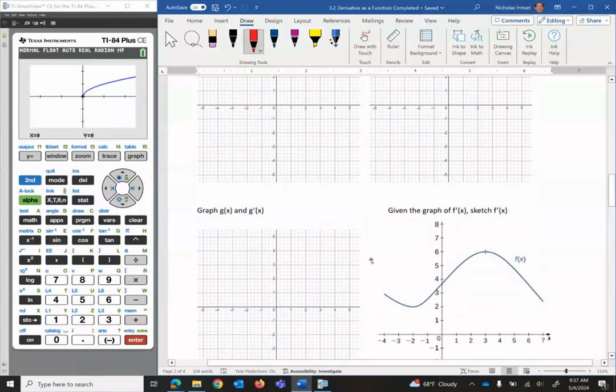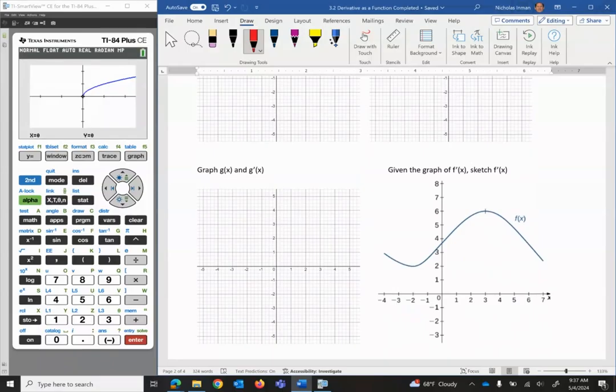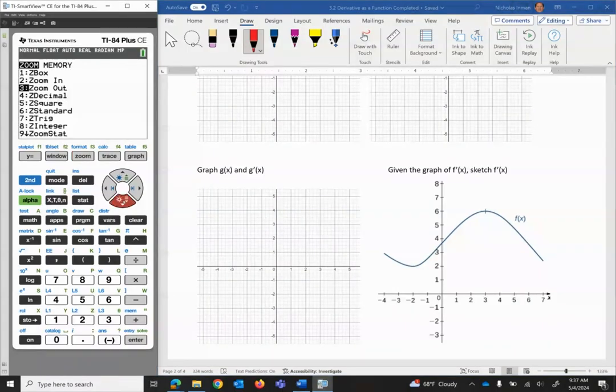So I've got the graph of g of x pulled up. So let's just take a look at that. All right, so that was the graph of g of x. Let's look at the graph of its derivative, 1 over 2 square root of x.